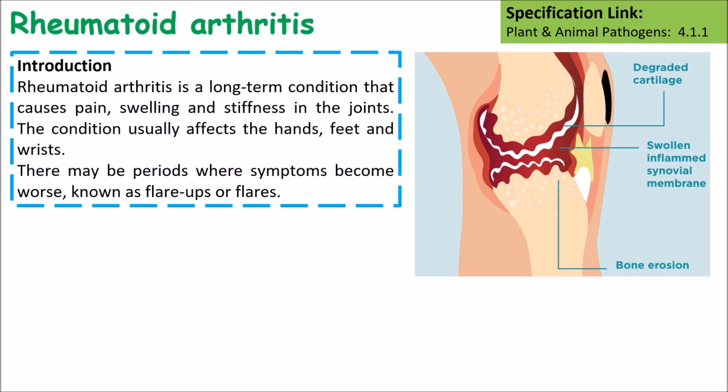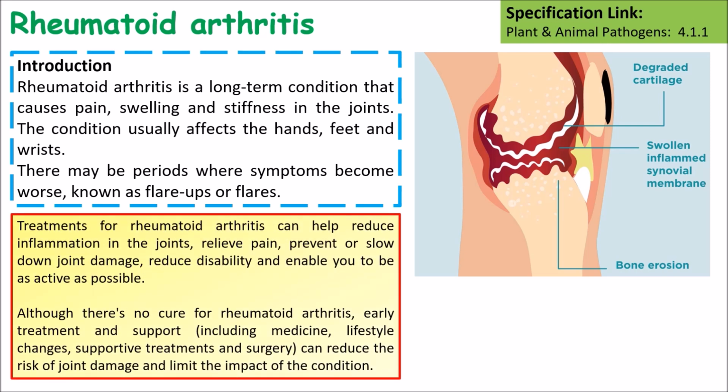Rheumatoid arthritis is a long-term condition that causes pain, swelling and stiffness in the joints. The condition usually affects hands, feet and wrists. There may be periods where symptoms become worse and these are known as flare-ups.